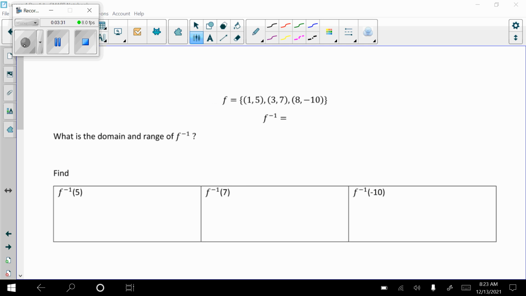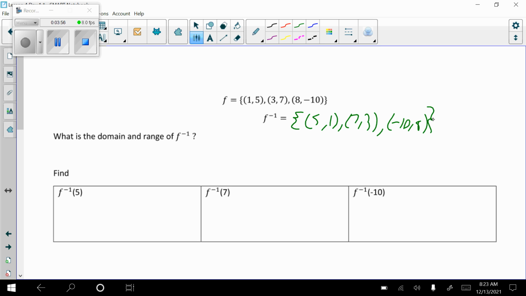When you have coordinate points, like we talked about the other day, to find the inverse, just always think you're flipping x and y. So to find the inverse of this function, this discrete function, I'm going to have 5, 1, 7, 3, and -10, 8. Okay, so what is the domain of this function?